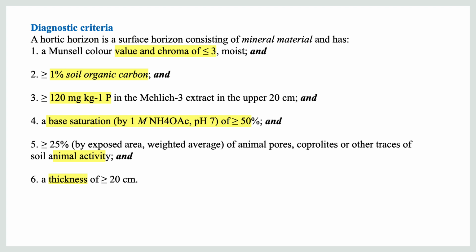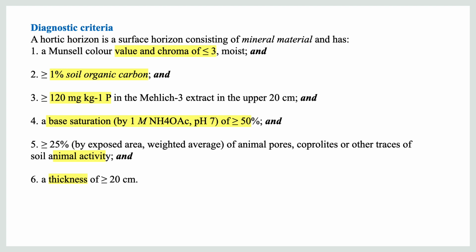But eutric and dystric are other soil properties that we also describe and use to classify the soils. Eutric and dystric in WRB are related to the content of bases and the content of aluminum. If the soil has a higher content of bases, for example calcium, magnesium, sodium, potassium, higher than the content of aluminum, this soil is eutric.